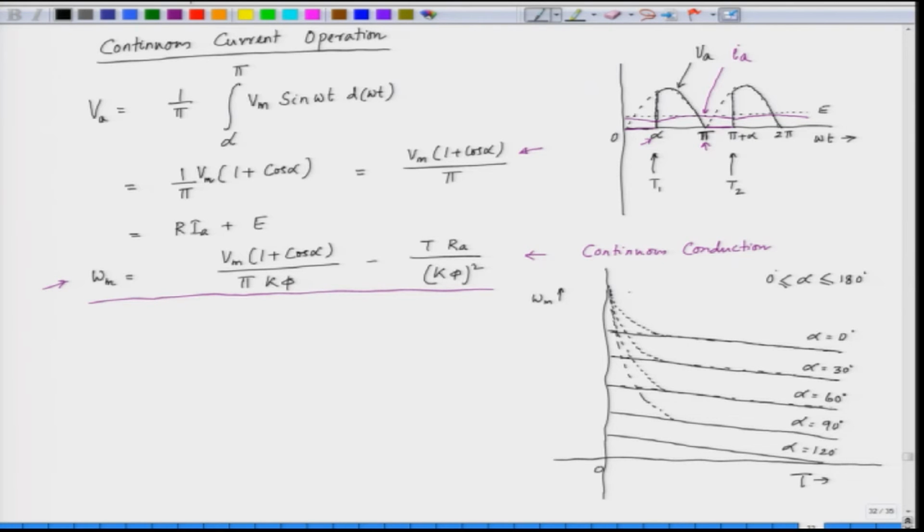So, this is the boundary between continuous and discontinuous conduction. Even for alpha equal to 120 we have discontinuous conduction, so we will have some no load speed. This region is for continuous conduction, and this region is the discontinuous conduction.